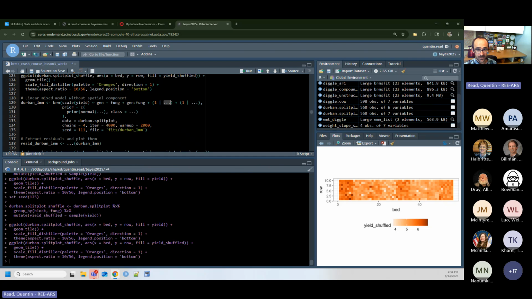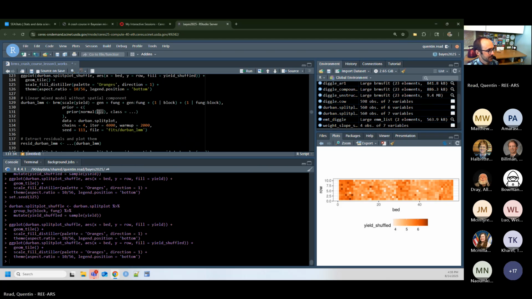And since this is a split plot experimental design, we have a random effect for block. So each of the 4 blocks gets its own random intercept. And then because we have many subplots within each main plot, and those are the eight main plots, which are identified by each combination of fungicide and block, we're going to give a random effect at that main plot level as well. Fungicide : block is our other random intercept.